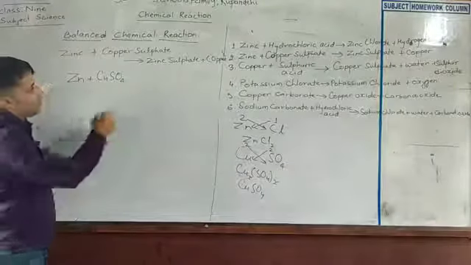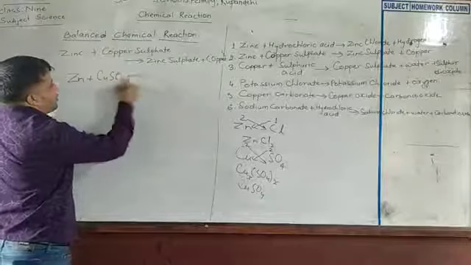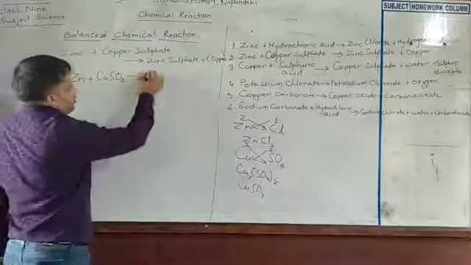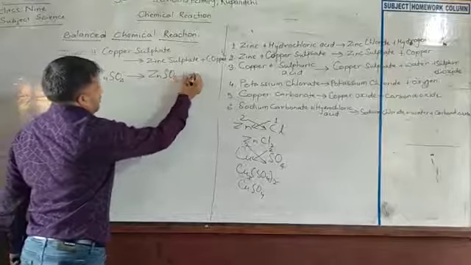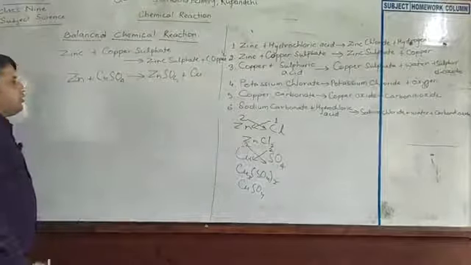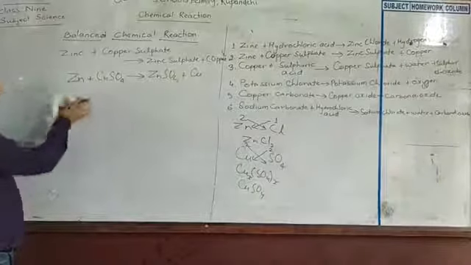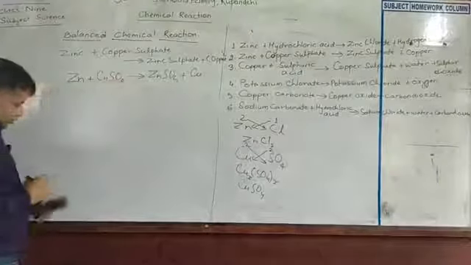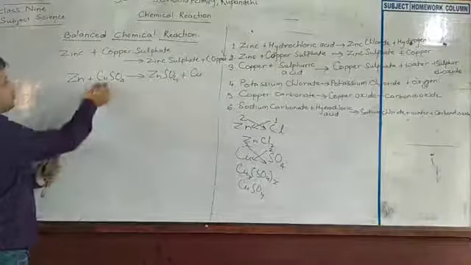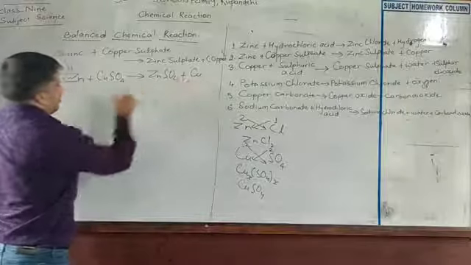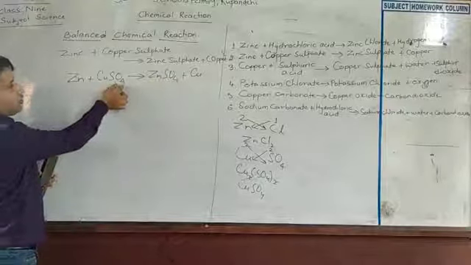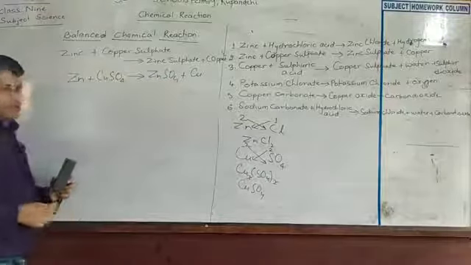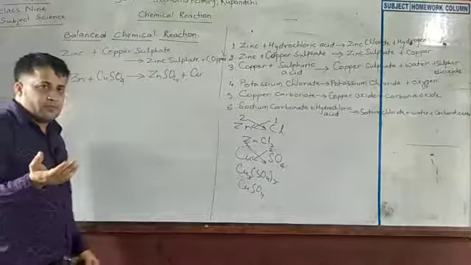After that, zinc sulfate, zinc also ZnSO4, plus copper Cu. So here if we see, zinc is equal, copper equal, sulfur equal, oxygen 4 here, oxygen 4 here. That means already it is balanced.